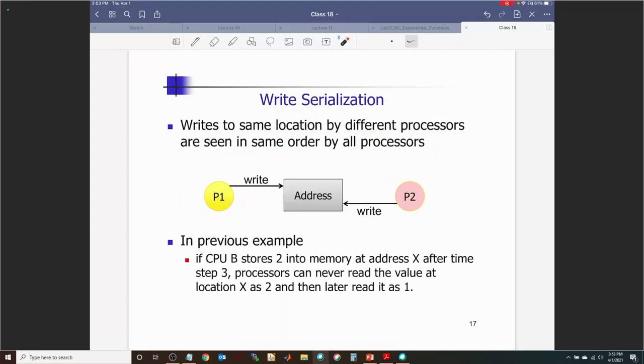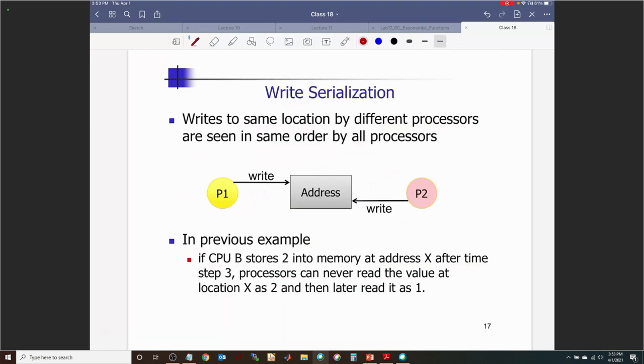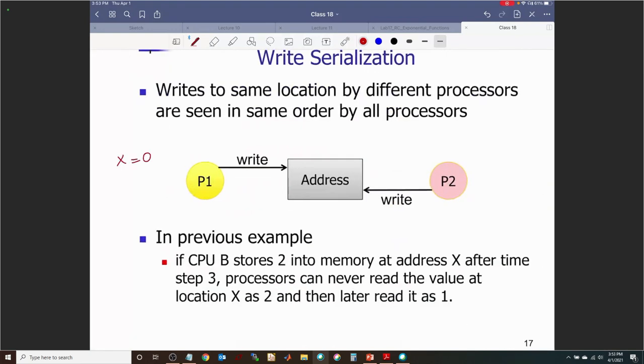So in the previous example, CPU B, let's say, stores 2 into memory at address X. After time step 3, the processors can never read the value of X as 2 and then later read it as 1. What does that mean? X was 0 initially. Then CPU A came in and said X is 1. And then CPU B came in and said X is 2, right?